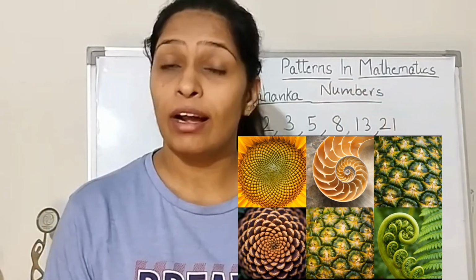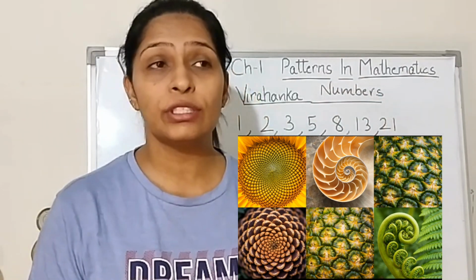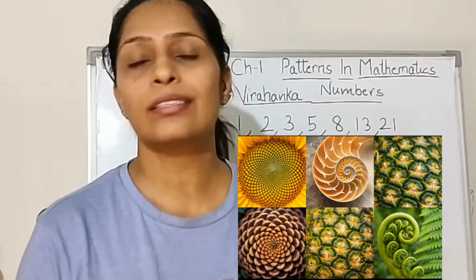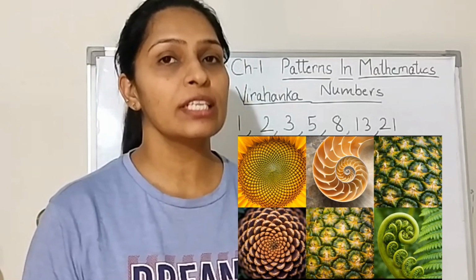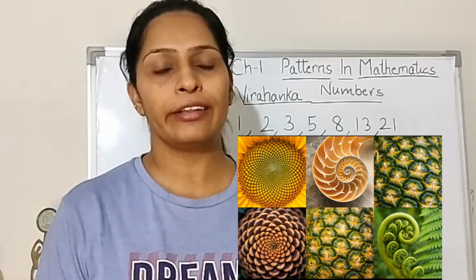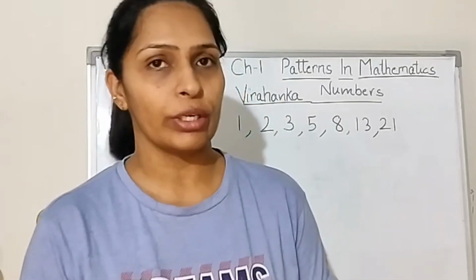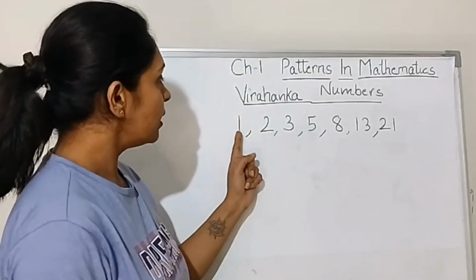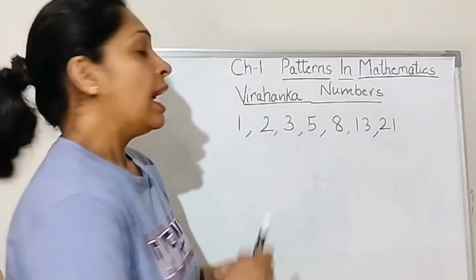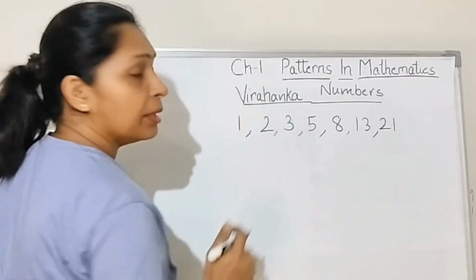You can see it in flowers, you can see it in leaves, and you can find beautiful patterns. Do explore further images where you can find the Fibonacci series. So let's decode this series. If you see the first 1, 2, how are we going to reach the third number?